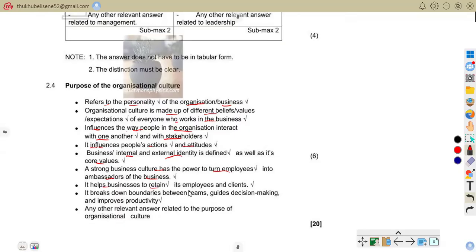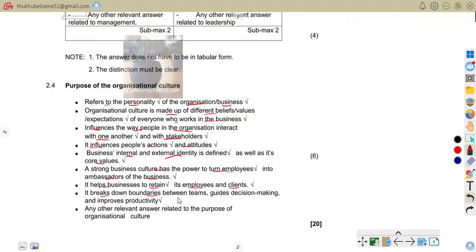It helps the business to retain its employees and clients. So that is that. A supportive culture reduces staff turnover, so the employees are going to be loyal to the business.